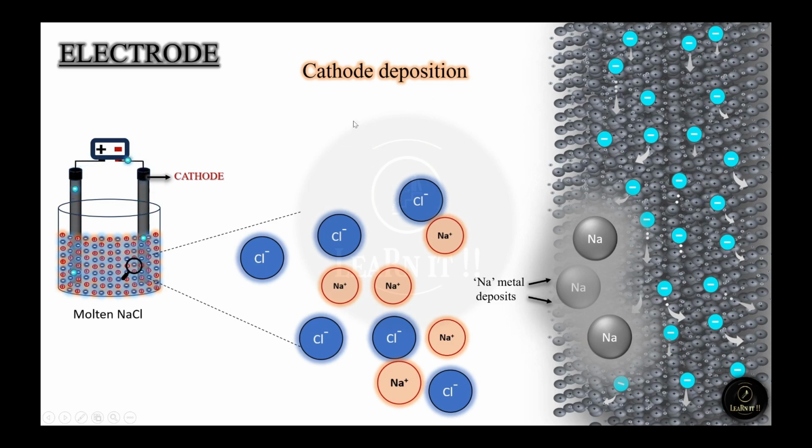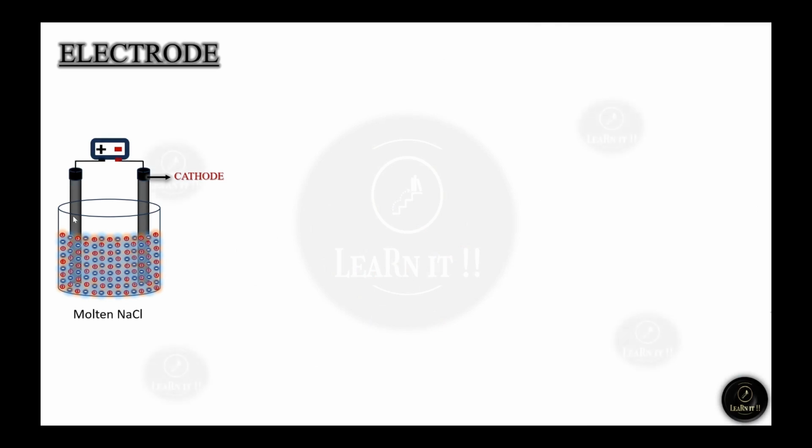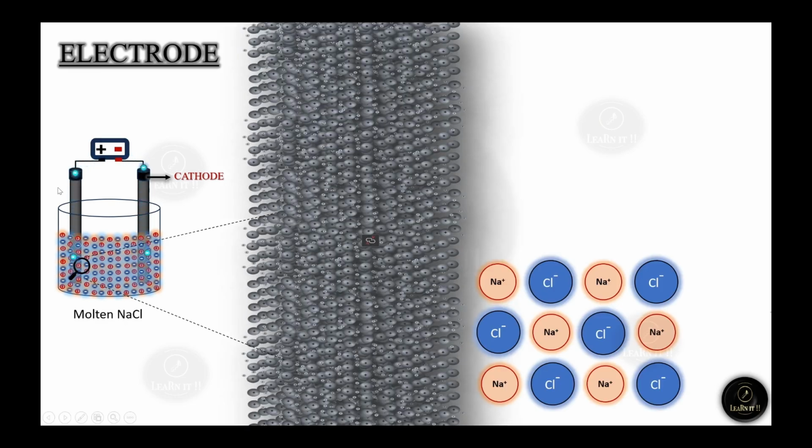Let us look at the other electrode which is connected to positive terminal of the battery. So here we can see the electrons are consumed by the electrode. That's why this electrode is positively charged.